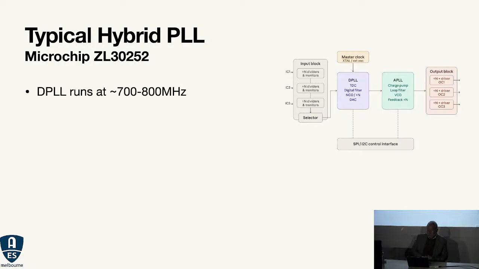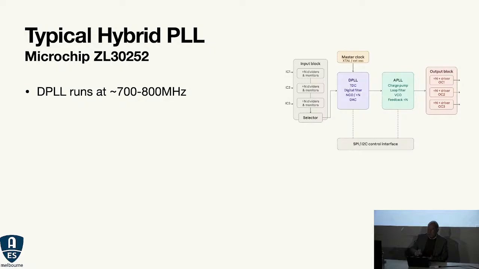So this is a more expanded block diagram of what I showed before. It has various inputs, 3 in this case, a digital PLL, followed by the analog PLL.